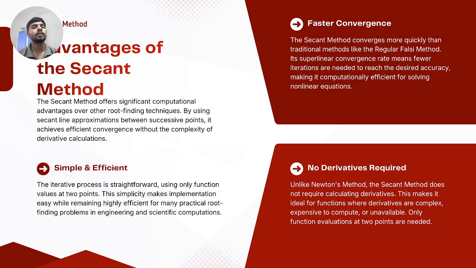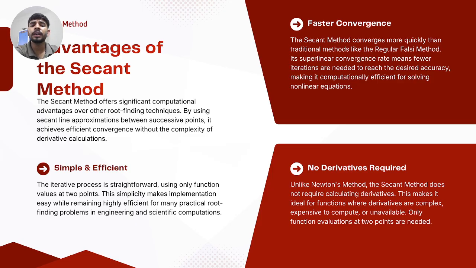Now, the advantages of the secant method. The secant method offers significant computational advantage over other root finding techniques by using secant line approximation between successive points. It achieves efficient convergence without the complexity of derivative calculation. Simple and efficient: the iterative process is straightforward, using only function values at 2 points.